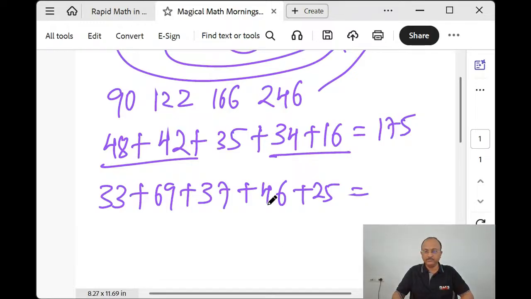Add them. Quickly we need to do. Yes. Practice as fast as possible.